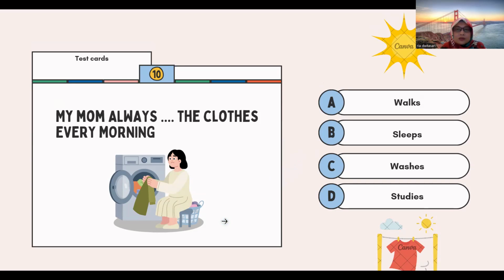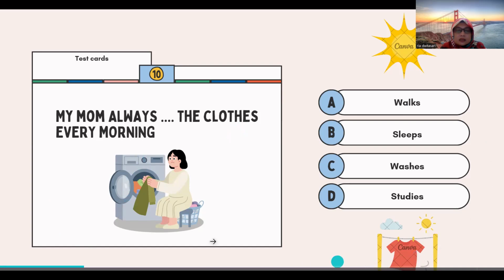Just make sure that your students have a chance to answer all the questions like this. Okay, my mom always blah blah blah the clothes every morning. But make sure that your game is still related to your topic, right?